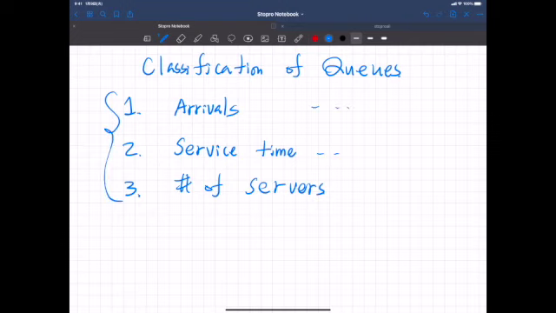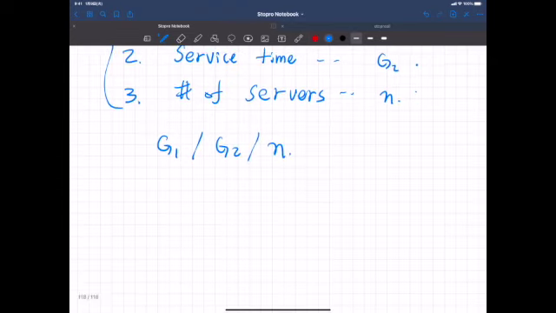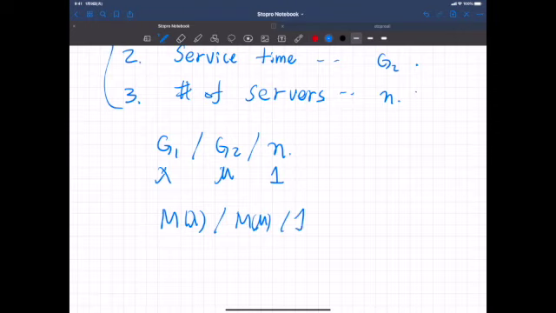Each of these has a name, like G1, G2, and N. So the classification of queues is given by these three parameters: G1 slash G2 slash N. In the case where G1 is a Poisson process and G2 is an exponential process determined by parameters lambda and mu respectively, and there is one server, then we usually write M lambda slash M mu slash 1.